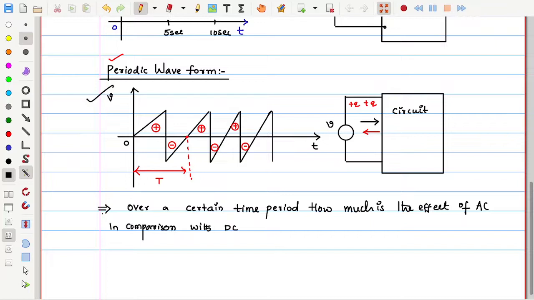That comparison we will try to do in two specific values. One is average value. First we see how to calculate these values for the given AC waveforms.